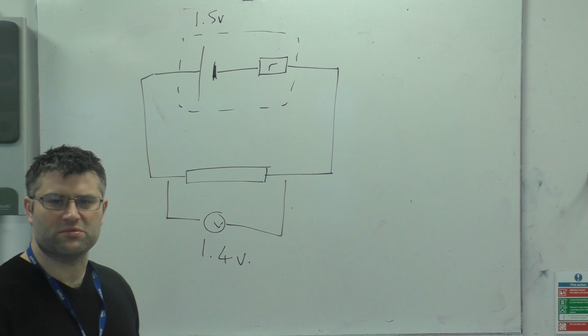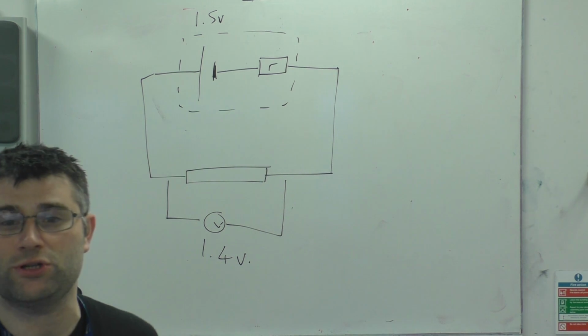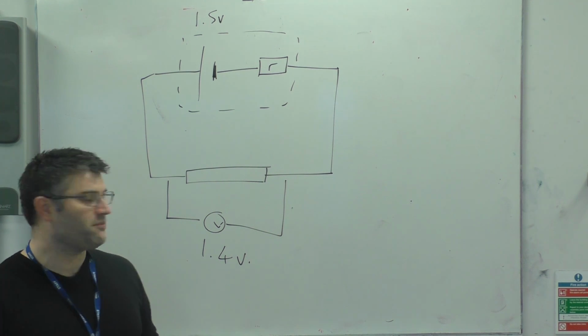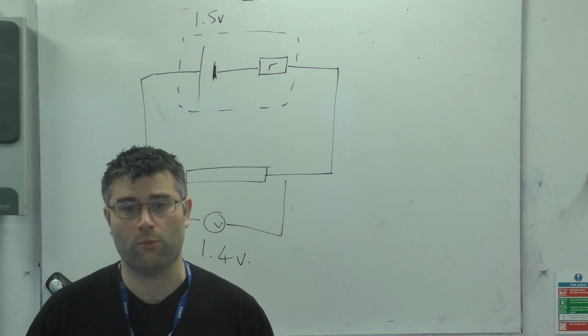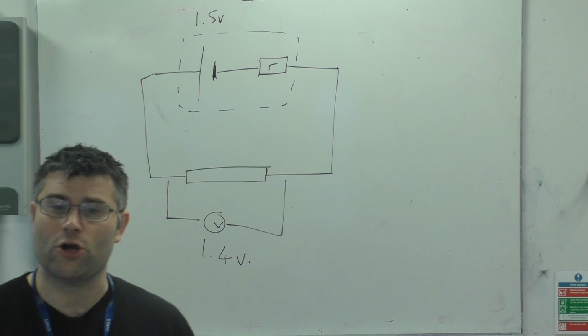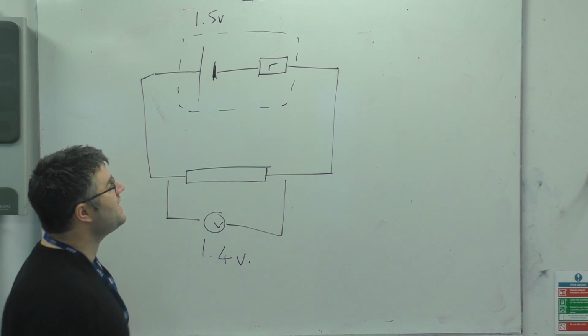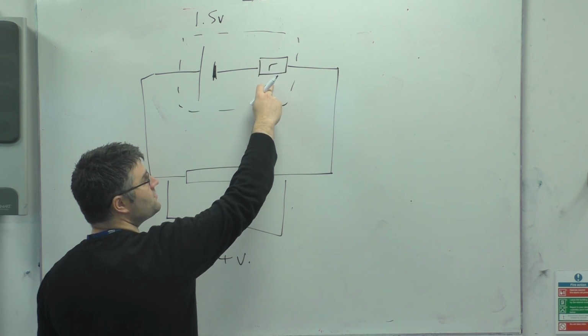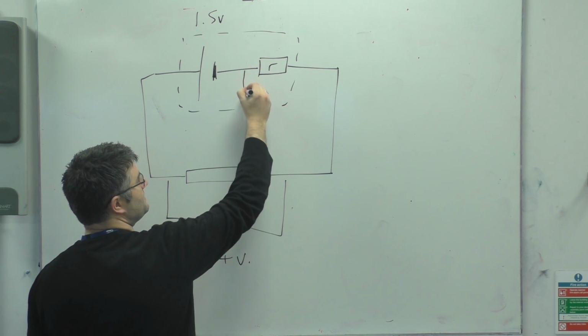Well, that's a bit of a problem, because we're like, well, where has that voltage gone? And in previous lessons, in previous concepts, we've gone back and we've said, oh, well, it's energy lost in the wires. Well, in this case, it's not just energy lost in the wires, it's more likely to be energy lost or lost volts in this resistor here.